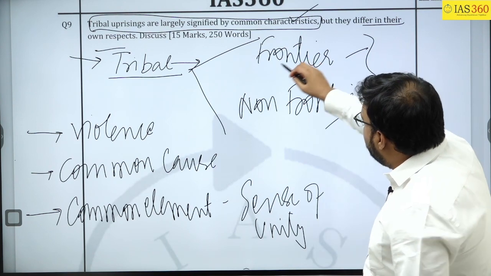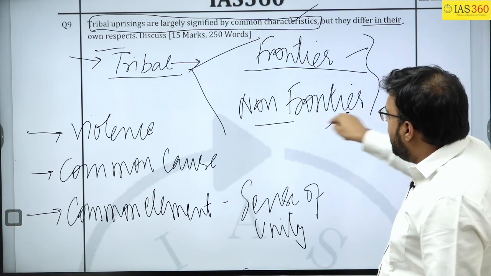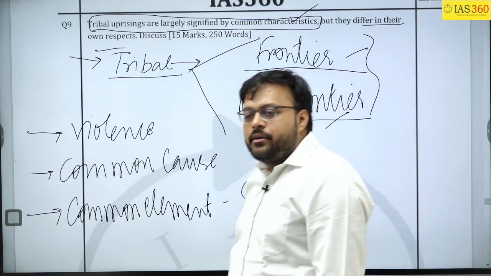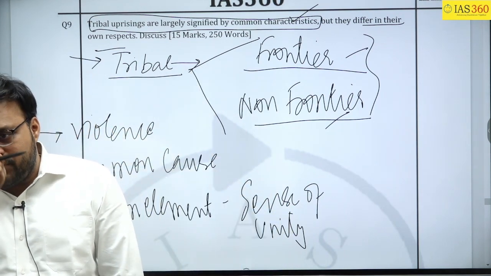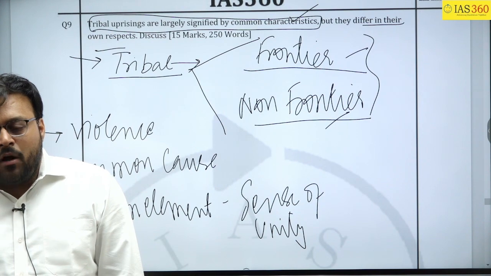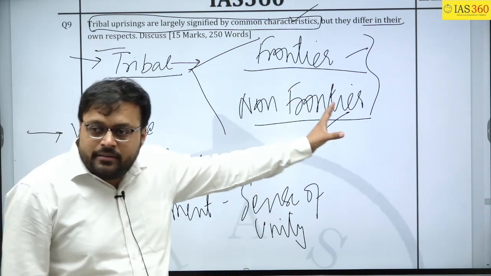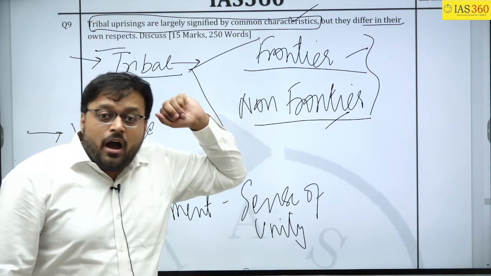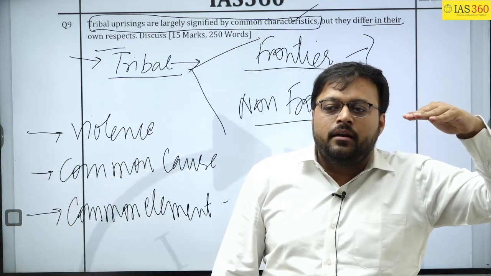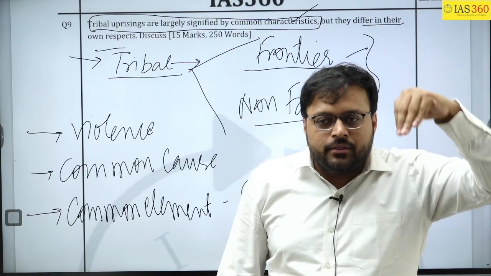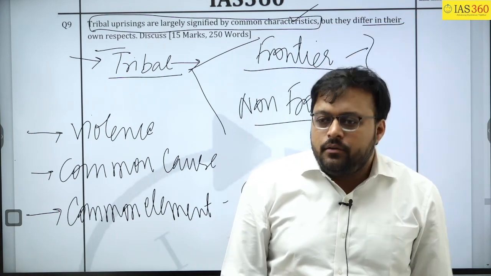And then you can make a difference between the frontier and the non-frontier tribal uprising. What was the difference between the two kinds of tribal uprising? For that, again you can draw a second map and you can talk about the Ahom revolt in Assam. You can talk about all the revolts and their causes in the northeastern part.